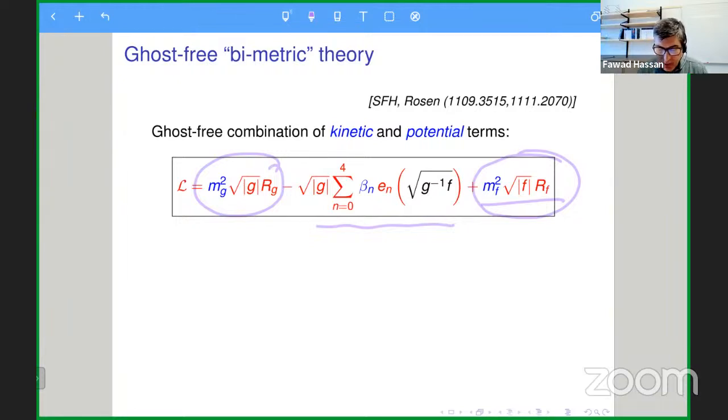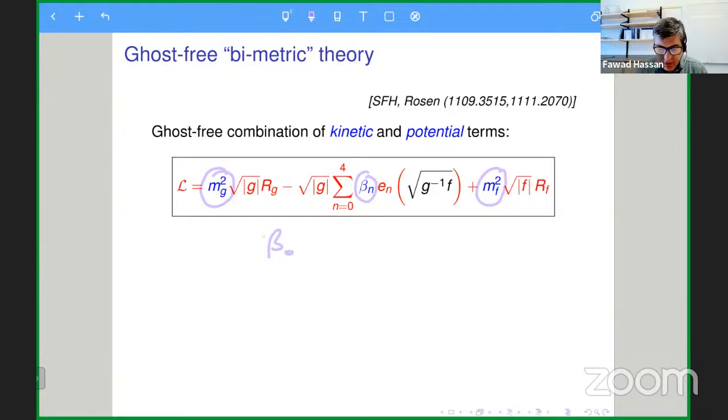And what are the parameters in this theory? You have a number of parameters. You have the Planck mass for the G matrix and the Planck mass for the F matrix, MG and MF, and then you have a number of parameters beta, which are in fact 5 in number.